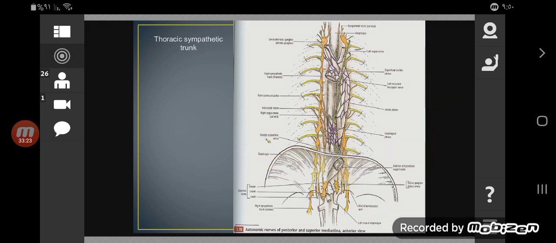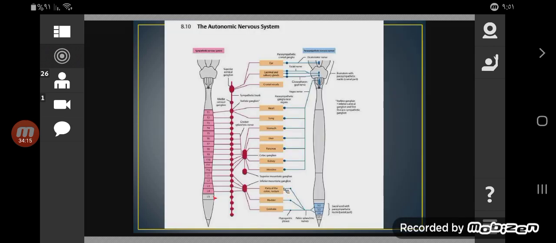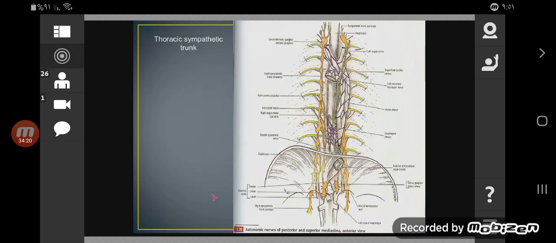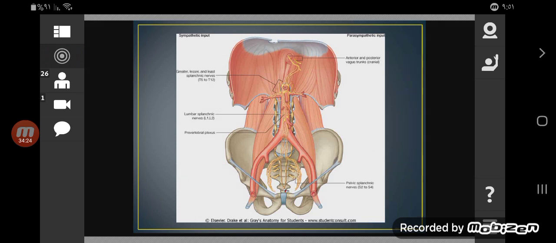Things about the sympathetic trunk: it runs anterolateral in the spinal column and ends as a ganglion, the ganglion impar, on the anterior surface of the coccyx.